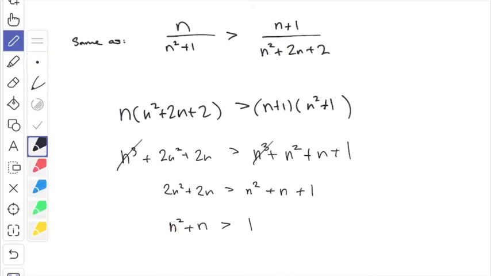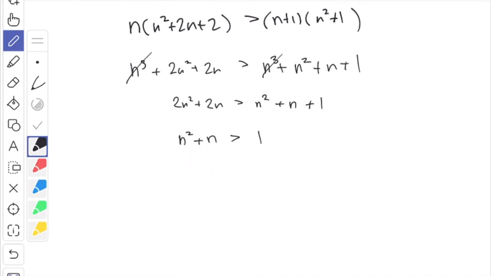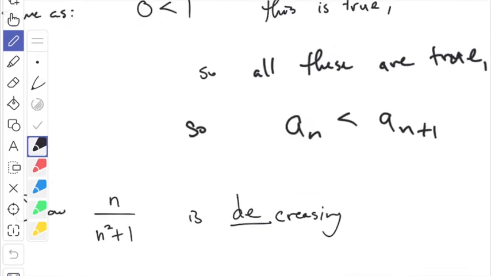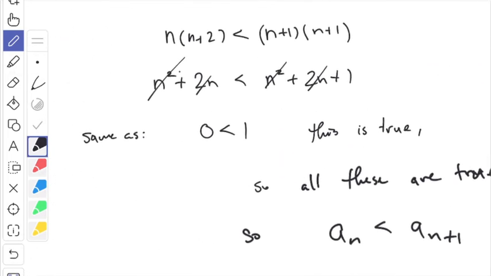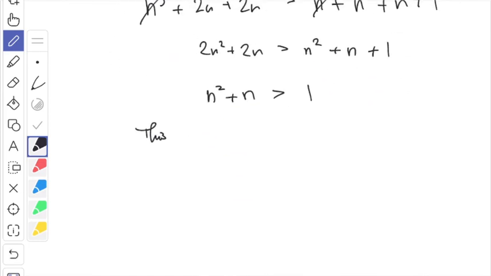So sometimes in these examples, you have to explain why this is true. Like in our previous example, we ended up with just 0 less than 1, which you don't have to say anything to justify. But here, I'll just say this is true since n is greater than or equal to 1.